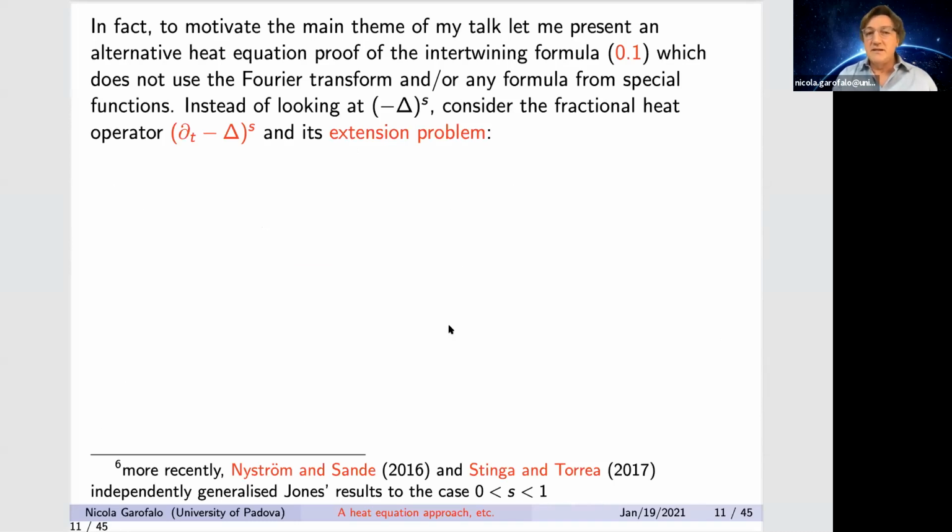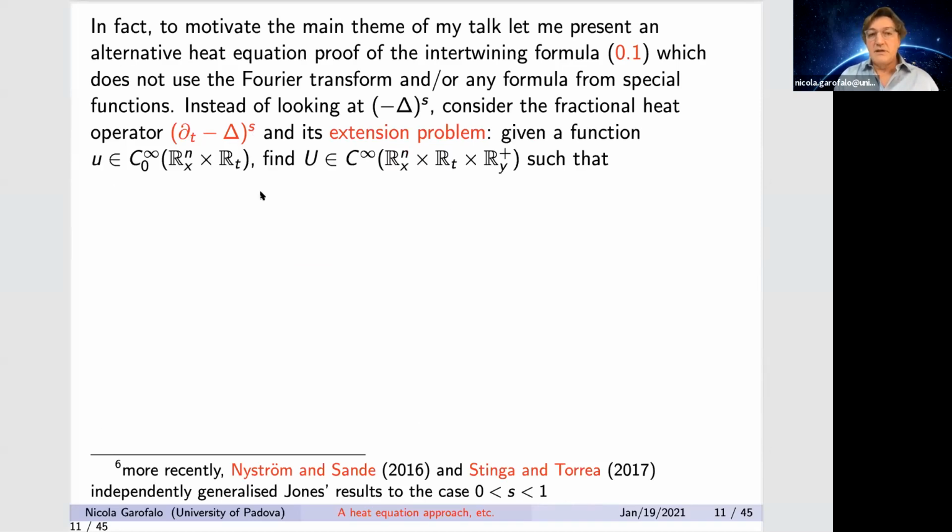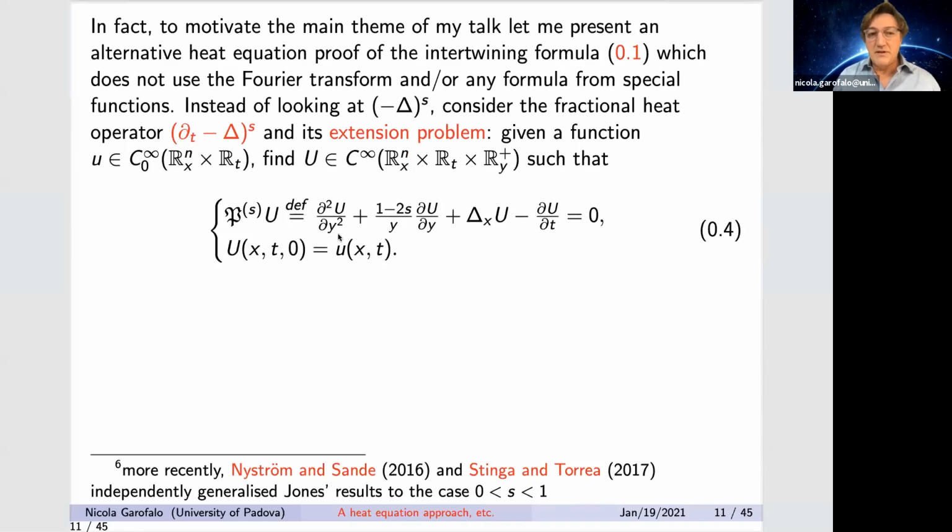I will give you a very simple proof based purely on the heat equation. So let's consider, instead of the fractional Laplacian, the fractional heat equation. The extension problem is this Dirichlet problem. Notice that I'm calling it a Dirichlet problem because it is a Dirichlet problem, despite the fact that this is an evolution operator.